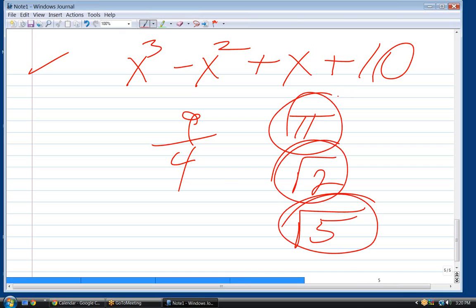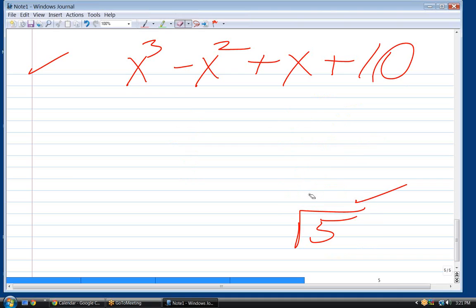In other words, I cannot write any of these numbers as fractions. No. So if I can write a number as a fraction or a whole number, it's rational. If I cannot, it's irrational or complex. But right now we're not dealing with complex yet.